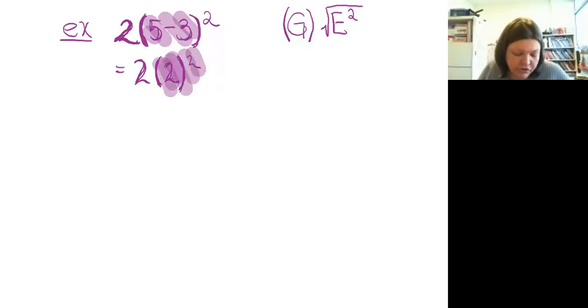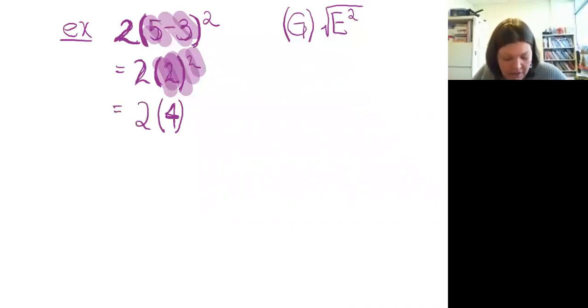So 2 squared is the next thing for me to do, and I will drop my answer underneath. 2 squared is 4. Now, an interesting question, do I still need the parentheses? I sure do, because I have not yet done this multiplication up here. So my 4 is going to be in parentheses, and I'm going to drop this 2 that I have not used.